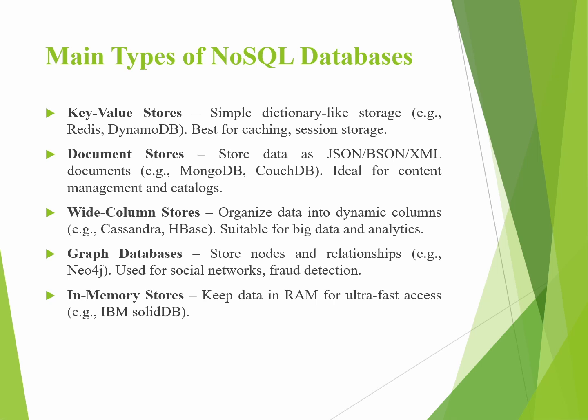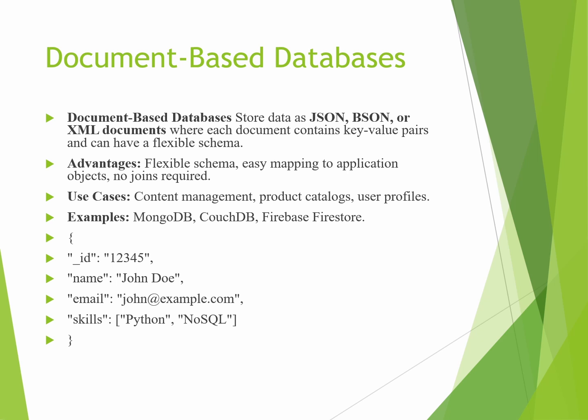And wide column stores is used to organize the data in the form of columns rather than rows. Graph databases are used to store the data in the form of a graph like with nodes and relations, which is used for social networks and fraud detection. And in-memory stores keeps data in RAM for ultra-fast access.